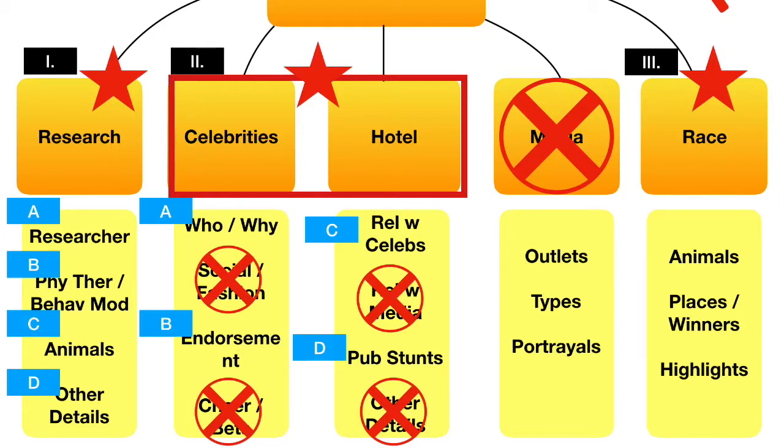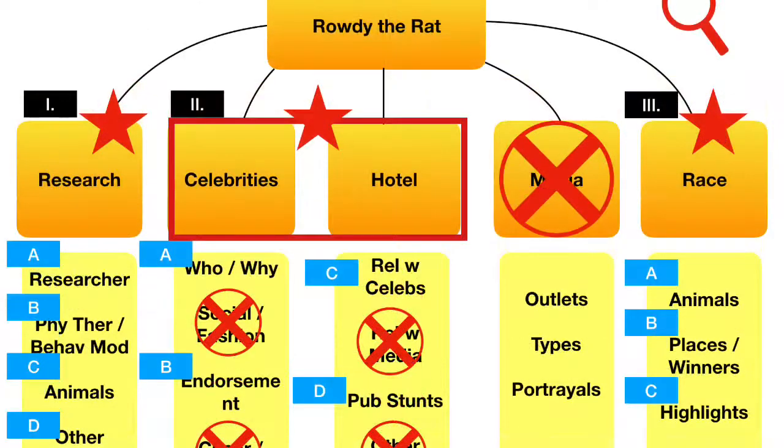And then for main point 3, under the race, you have your subpoints laid out for you. There were multiple animals that took part in the race. That's your sentence for subpoint A. Look, this is writing a speech for you. This is writing a presentation for you as you go. And then you're talking about the places and winners for subpoint B and highlights of the race for subpoint C. You have all the ideas laid out for all the sentences for all the subpoints.